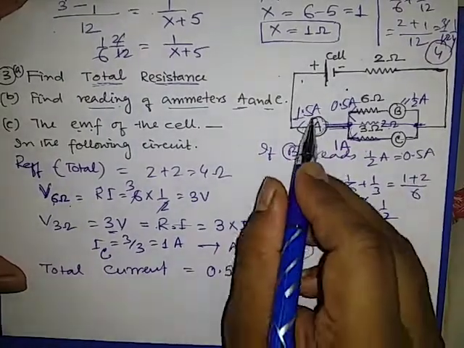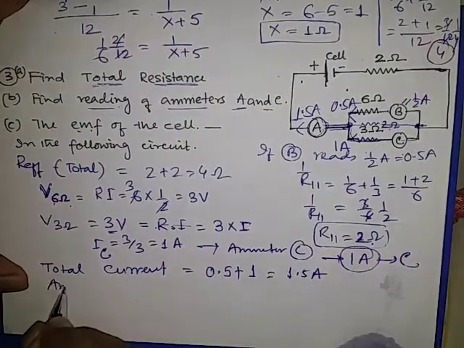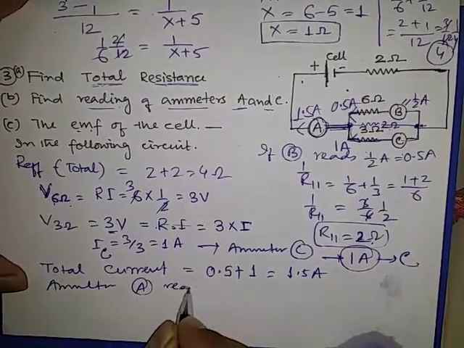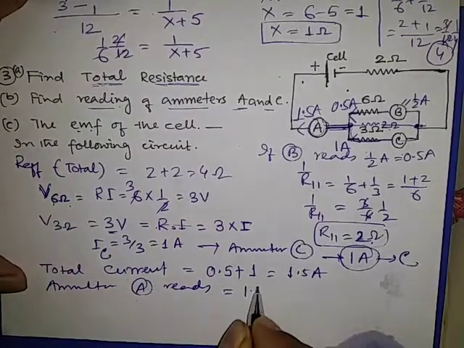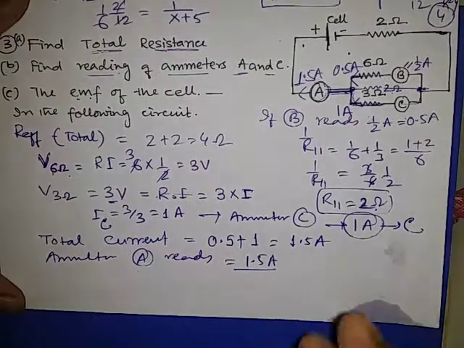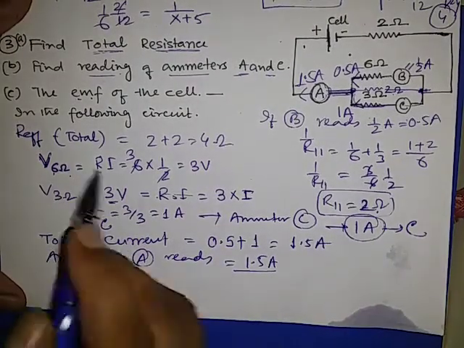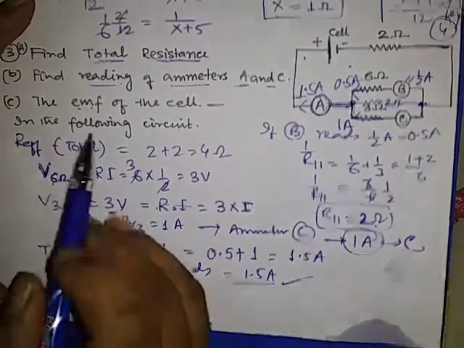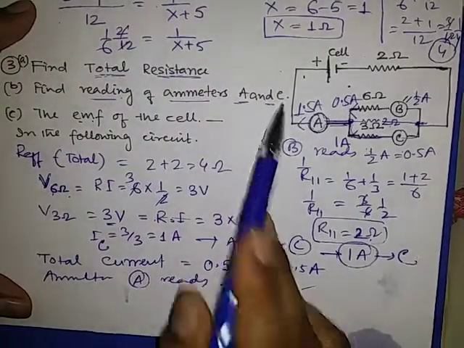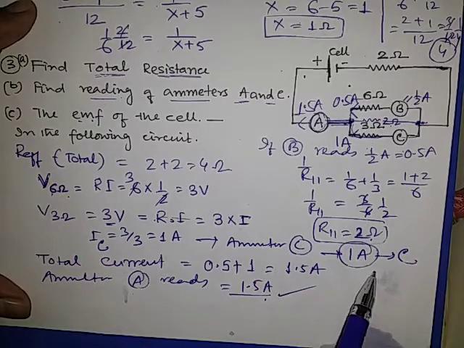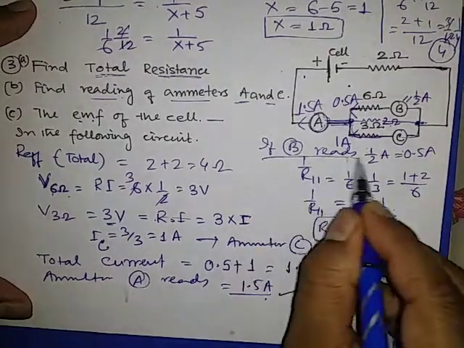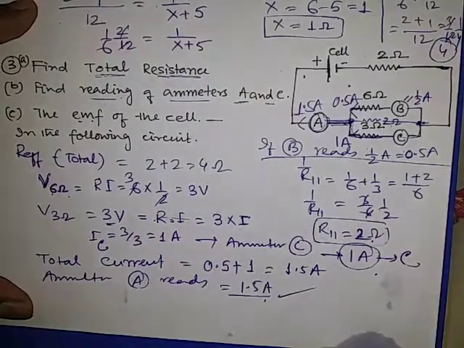So ammeter A reads 1.5 ampere. Understood? So this is the answer of the second question. Ammeter A reads 1.5 ampere, ammeter C reads 1 ampere. Got it? And B is also given in the question as 0.5.